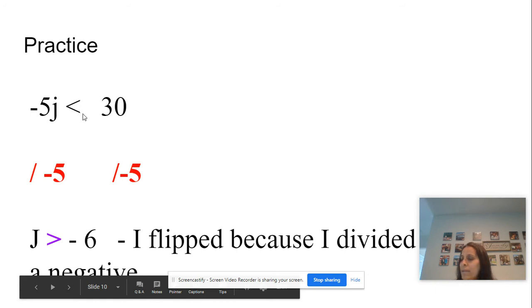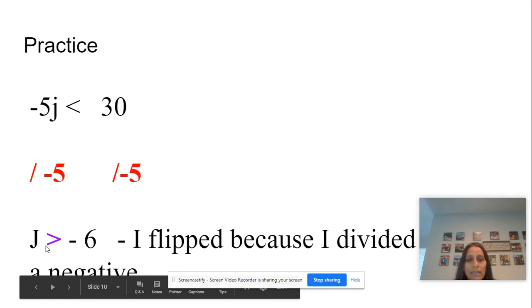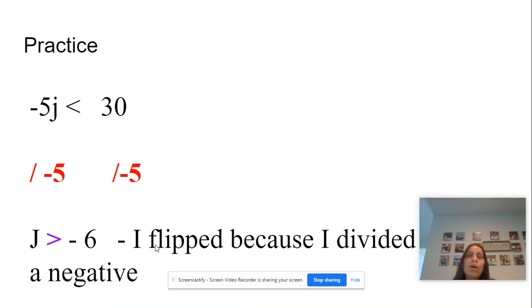I am going to flip that inequality, and so it becomes a greater than sign, -6, because 30 divided by -5 is -6. All the numbers greater than -6 could be a solution to this inequality. Those would be -5, -4, -3, -2, -1, 0. All of those numbers would be an answer to this problem.